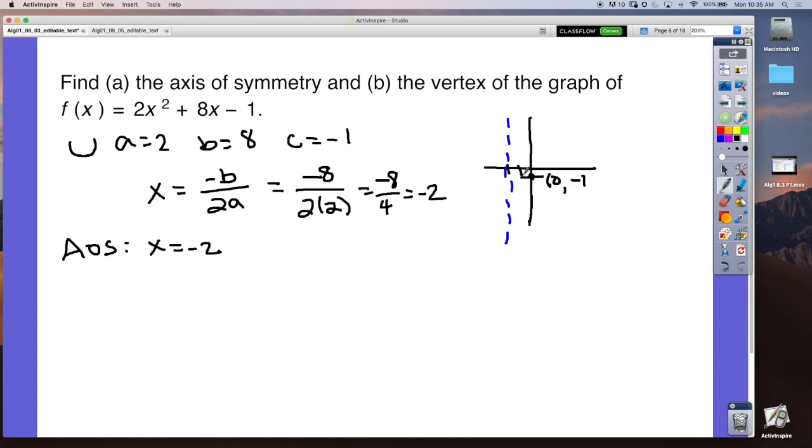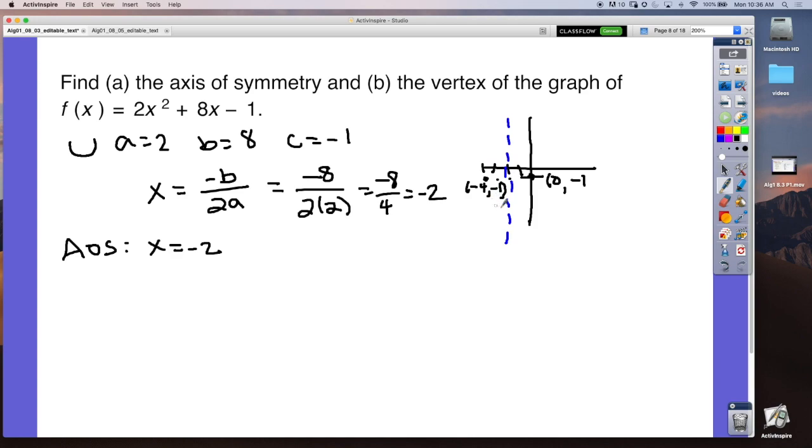Here's the easiest way to find it. I put my pencil here and I count until I get the axis of symmetry. So how many times am I going to jump to the left? 1, 2. So that means that I'm going to jump another 2 to the left. 1, 2. And there's another point. If you're on a graph, you can tell that this is going to be (-4, -1).